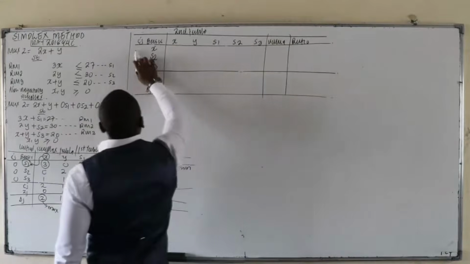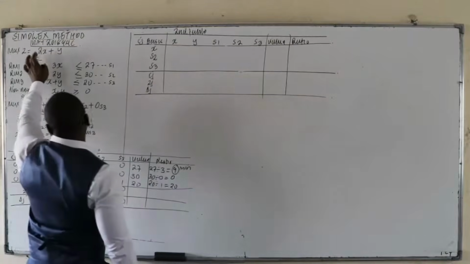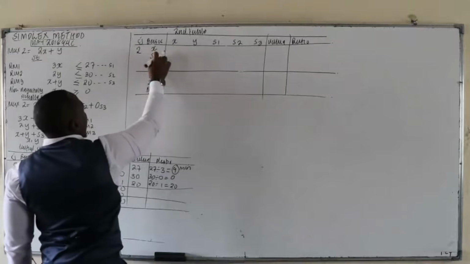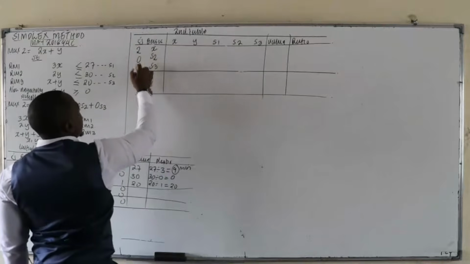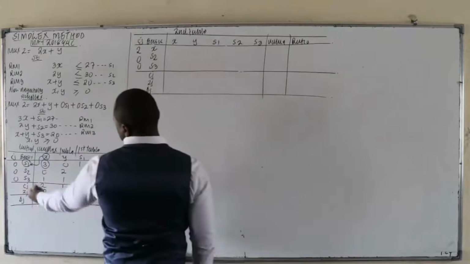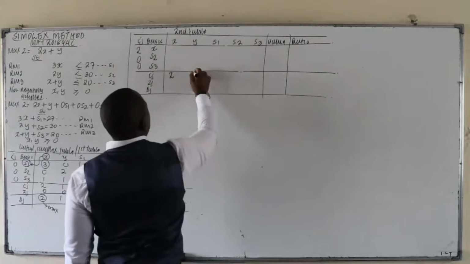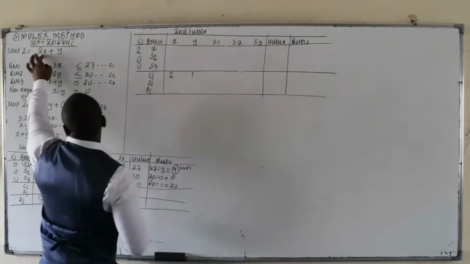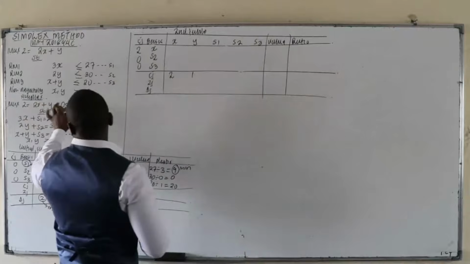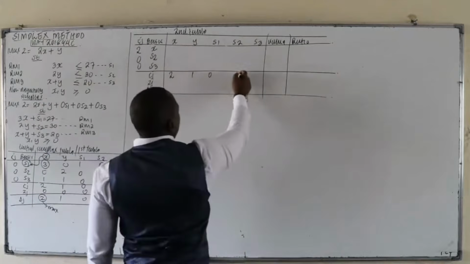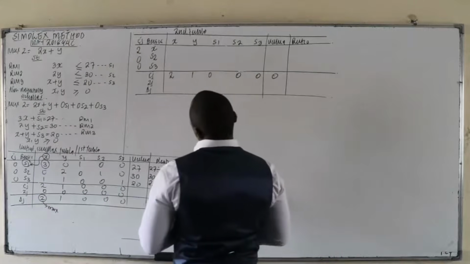Now we get the Cj. Each unit of X, the contribution margin was 2. S2, S3 is 0, 0. Cj here, we see that Cj does not change. Each unit of X is 2, Y is 1, and then 0, 0, 0, including the value.